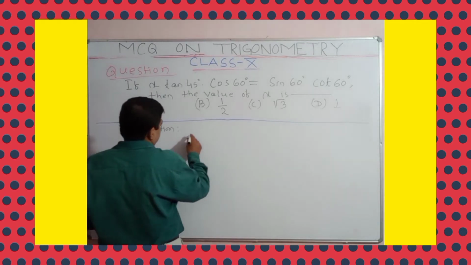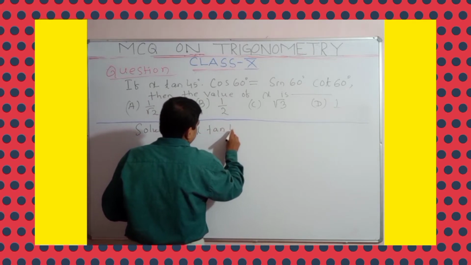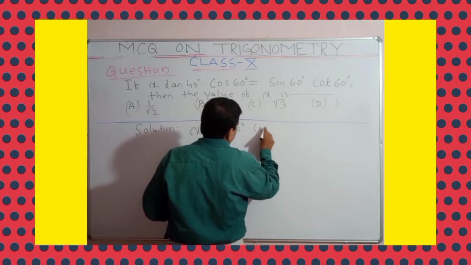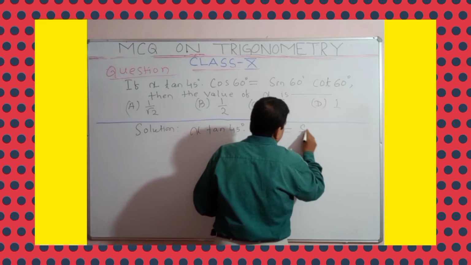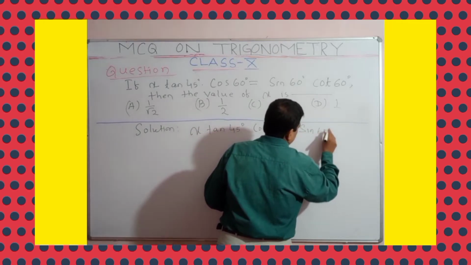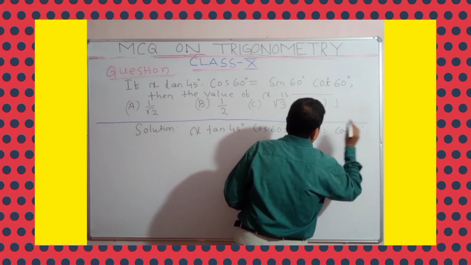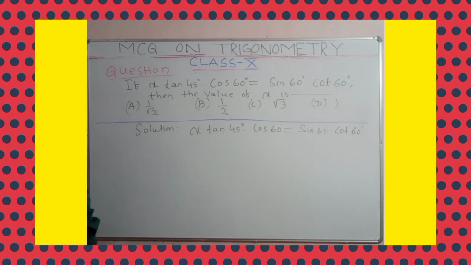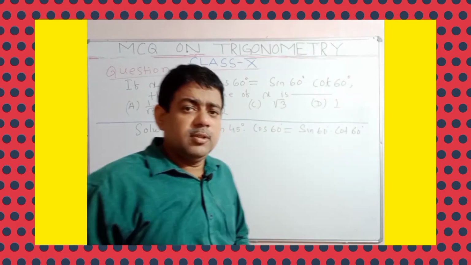Okay, let's see here written x tan 45 degree into cos 60 degree is equal to sin 60 degree into cos 60 degree. Yes or no? Okay. So have you remembered the trigonometric ratio of 45 degree, 60 degree? Yes? Do you know? Okay.